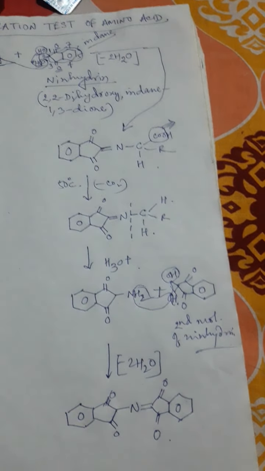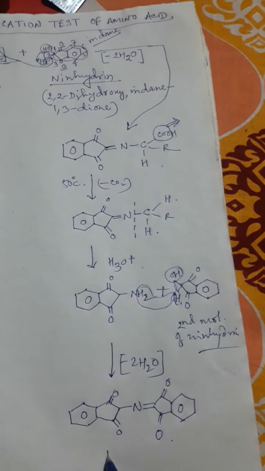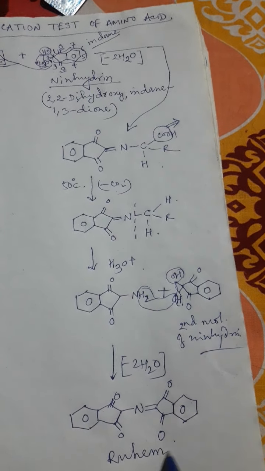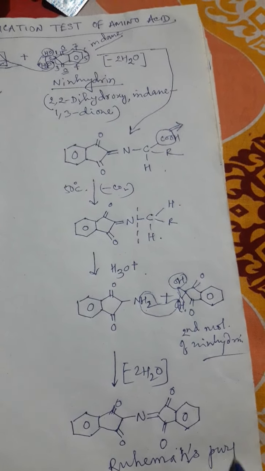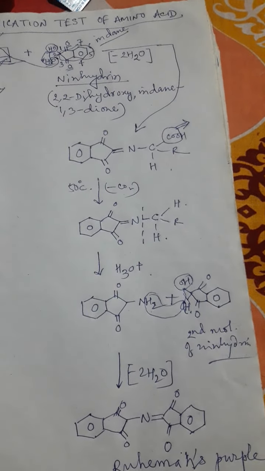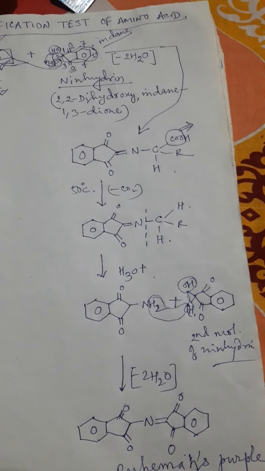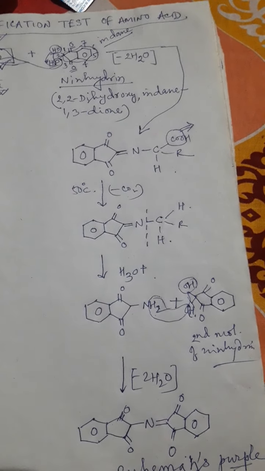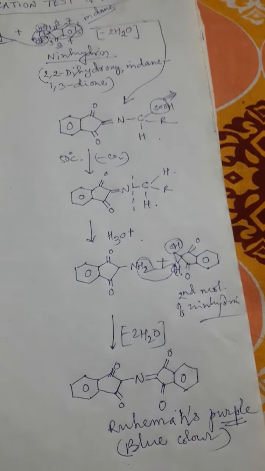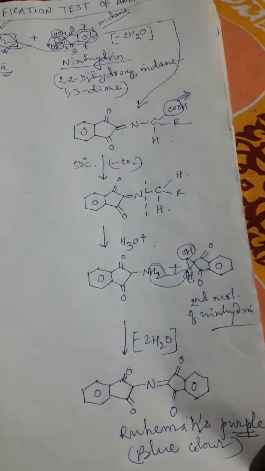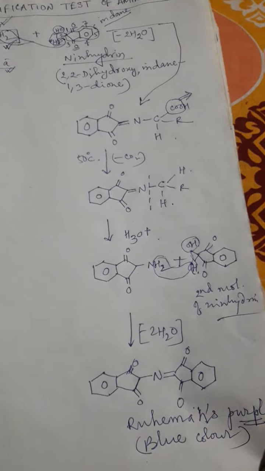Okay. So this is called Ruhemann's purple, and it is a deep blue or purple color. Okay, it is Ruhemann's purple. So in this way amino acid can be detected.